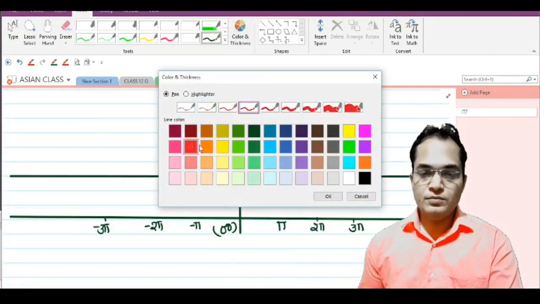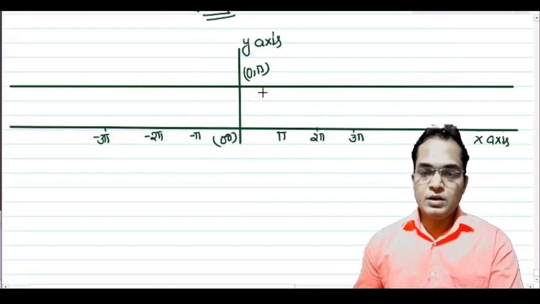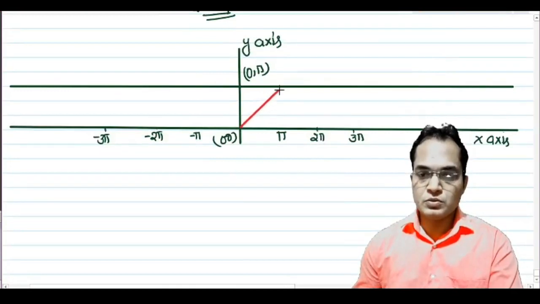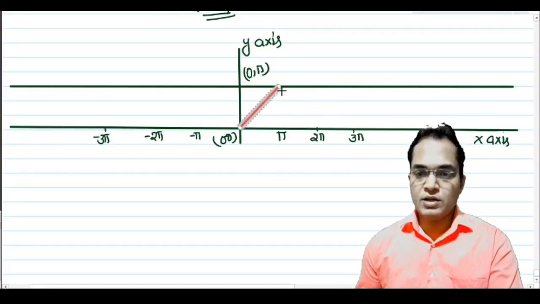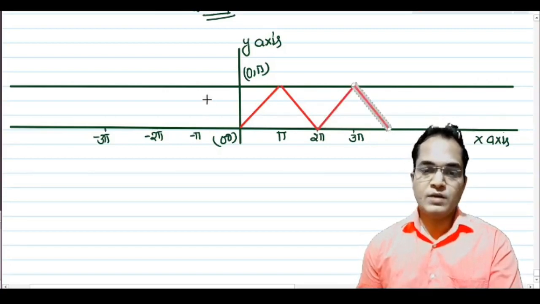Then what is the nature of the graph of cos inverse cos x? We can draw a line using a different color. This is the line from here to here. Now another line from here to here, another line from here to here. I will explain what I am doing.